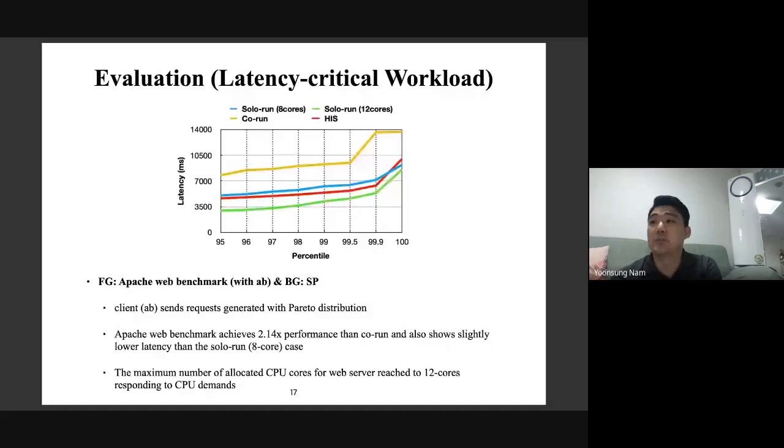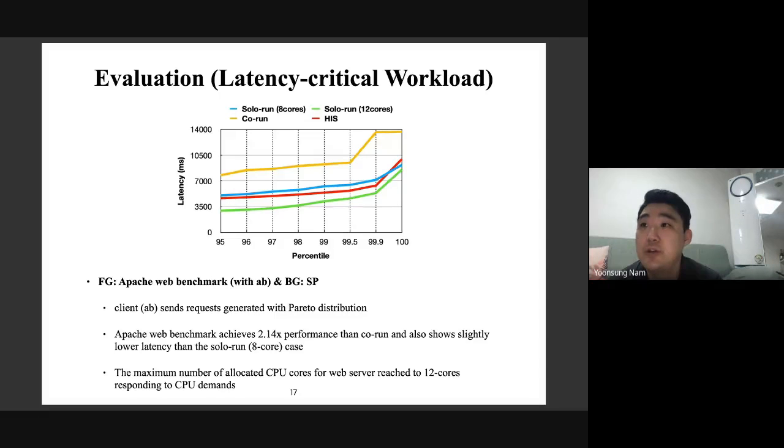We also conducted experiments for the latency critical workload, the Apache web server, here. We used a client that sends requests generated with a Pareto distribution to the web server.